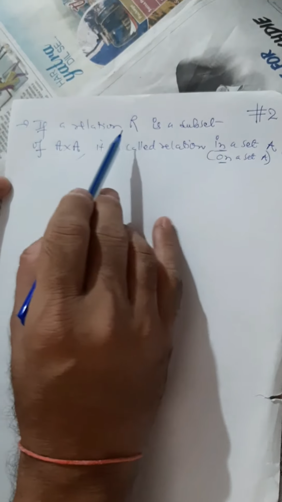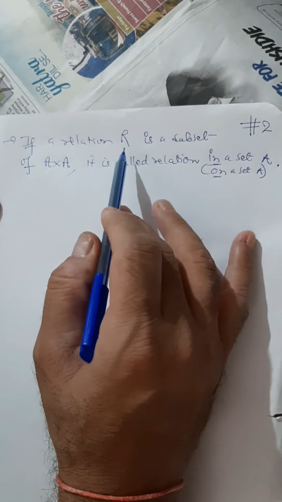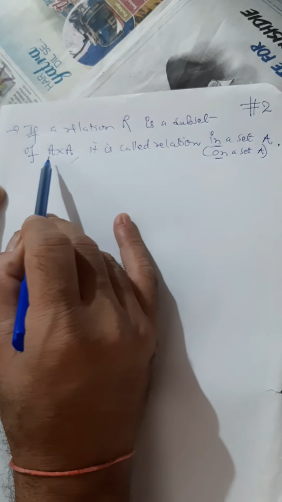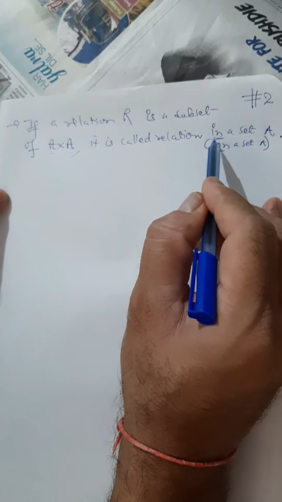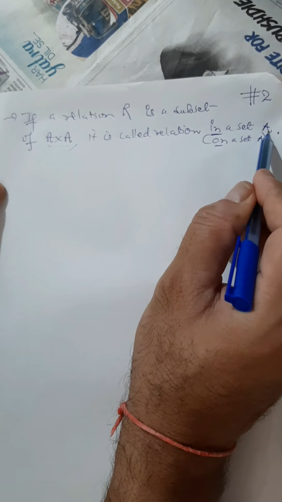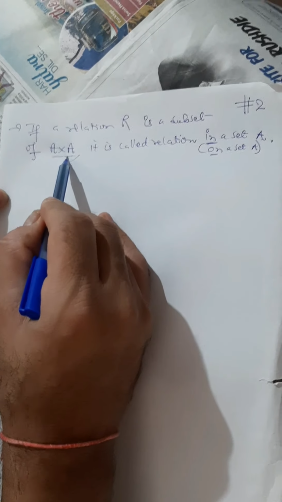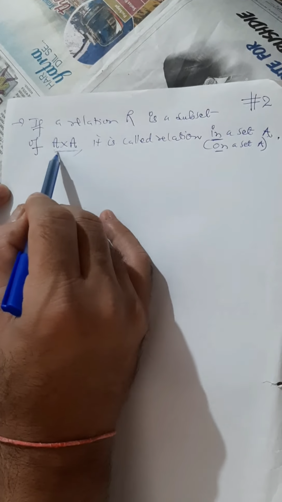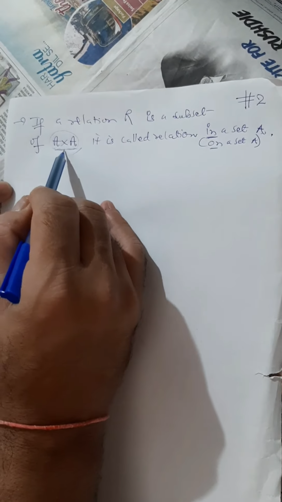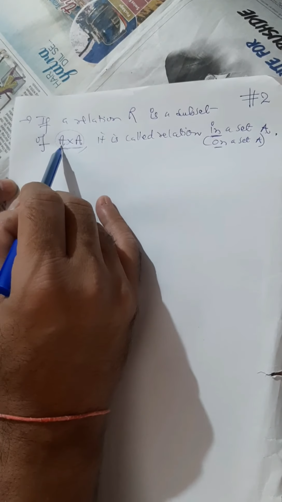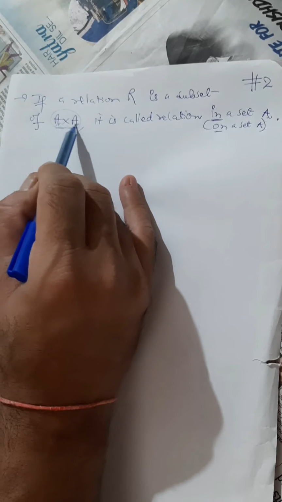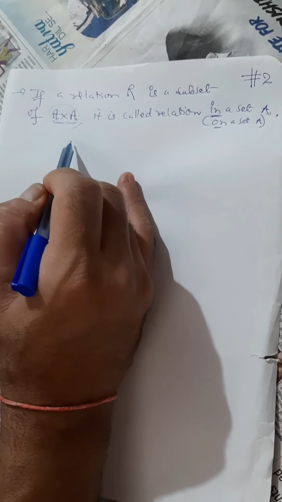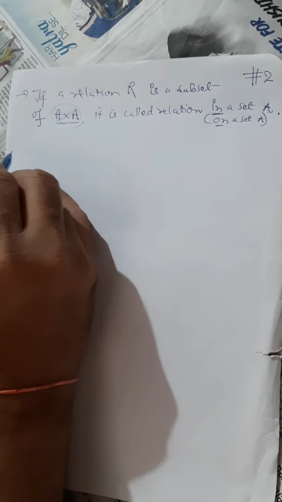So what's the difference between this one and the one we defined earlier? The only difference is here both the sets are equal. So when we use the relation in a set, that means it's a subset of A cross A. You are given a single set and you are taking the cross product with itself. In the earlier case, you used to do it with two different sets, A and B. A cross B, here A cross A. Okay.